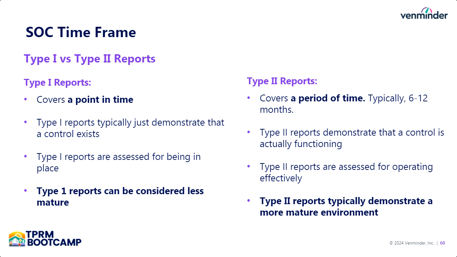Type 1 reports can be considered a little less mature, and that's just because a Type 2 report is going to cover a period of time, typically 6 to 12 months. Type 2 reports demonstrate that a control is actually functioning. So Type 2 reports are assessed for operating effectively, making sure that controls are actually operating over that period of time. And that's why they're considered a little bit more of a mature environment when you see a Type 2 report.